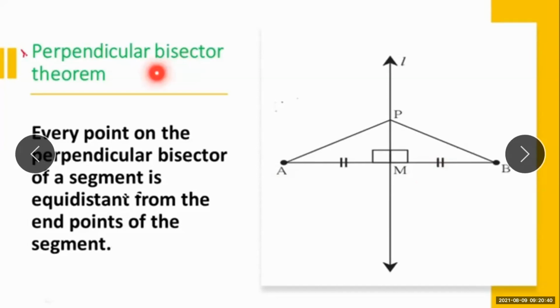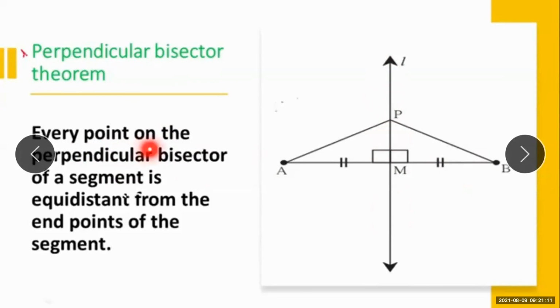Bi means two parts. So, the perpendicular bisector theorem. What is the theorem?